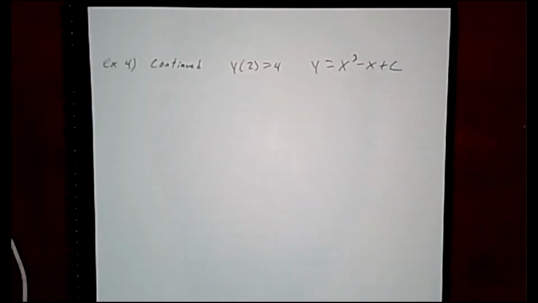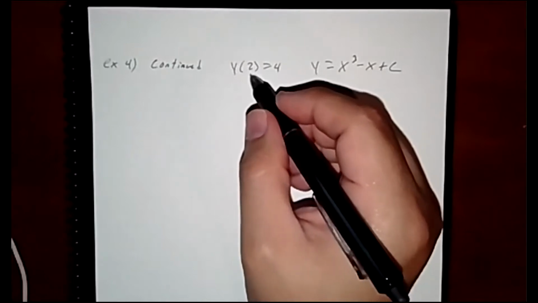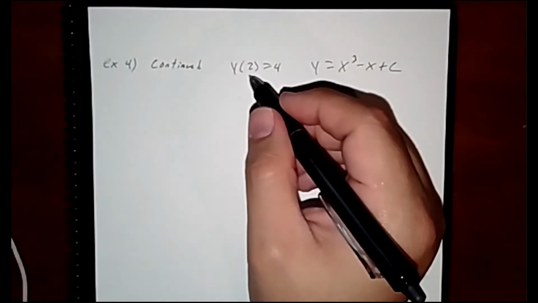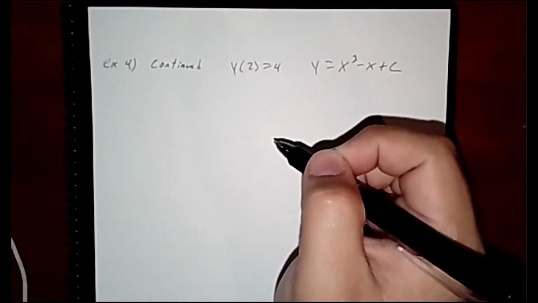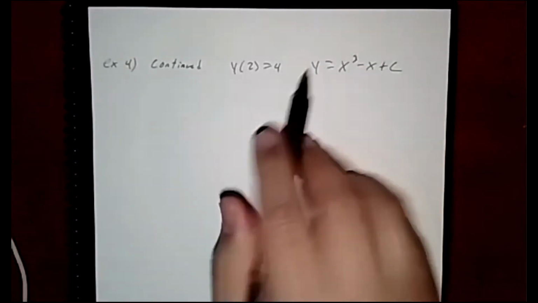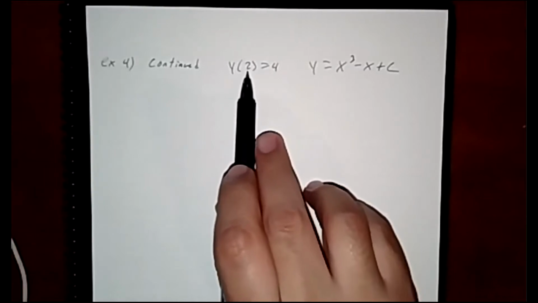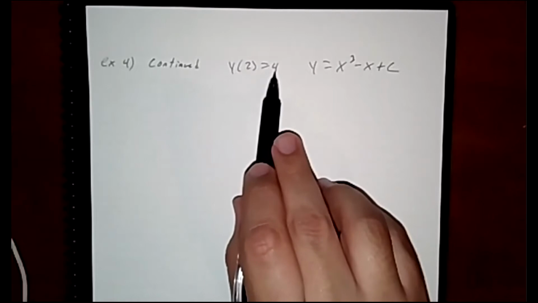So anyway, let's keep on going here. So what does y of 2 mean? Do you guys remember this notation? This means plug in 2, right? And set it equal to 4.